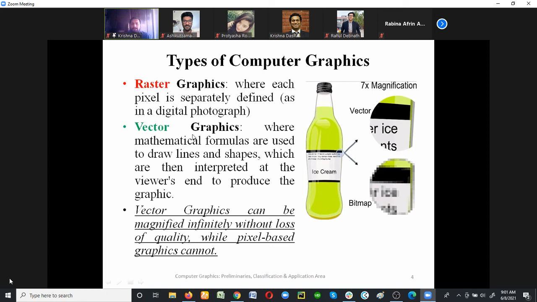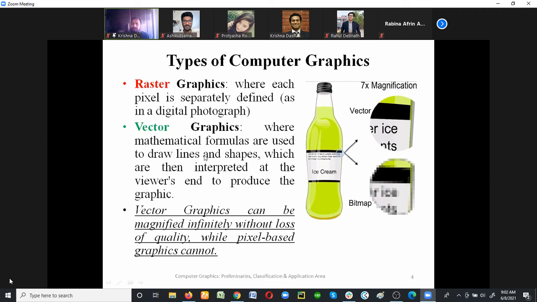The images you find are generated using vectors. We know that a vector is a mathematical element which has a direction. So we use many different mathematical formulas to draw lines and shapes, which are then interpreted at the viewer side to produce the graphic image.